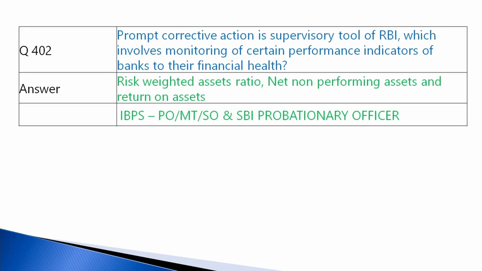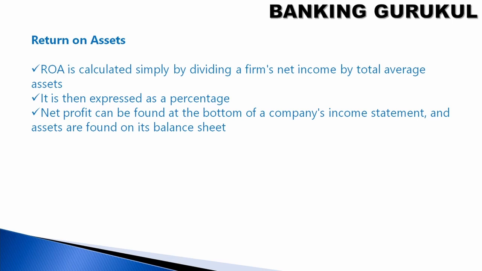Next question. Prompt Corrective Action is a supervisory tool of RBI which involves monitoring of certain performance indicators of banks to assess their financial health. What are the indicators? Risk weighted asset ratio, net non-performing assets and return on assets. So what is the return on assets?